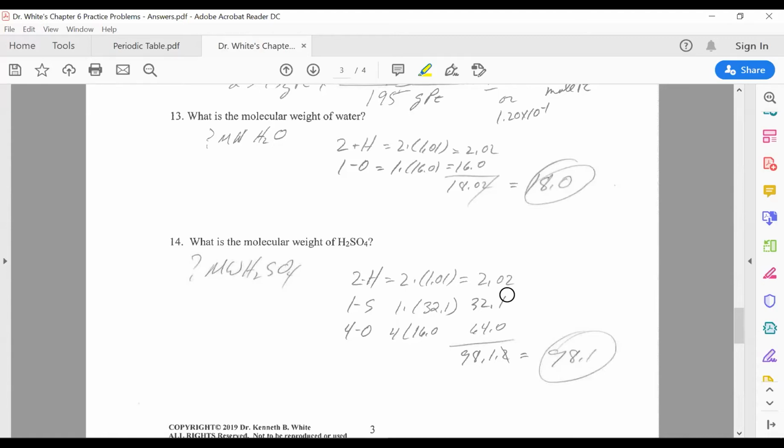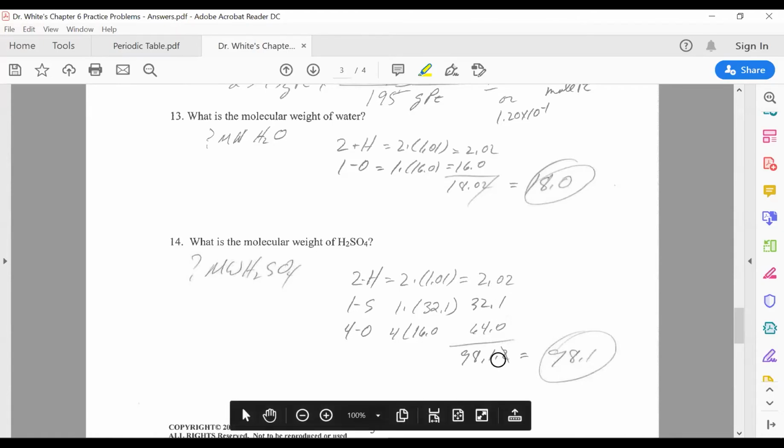But anyways, remember, when you're adding numbers, you have the same number of significant figures past the decimal point as the number that has the fewest significant figures past the decimal point. In this case, 211. There shouldn't be that dot there. It should be 98.12. You round it off and you get 98.1. And that's the molecular weight.